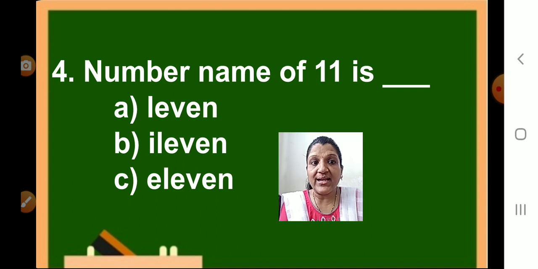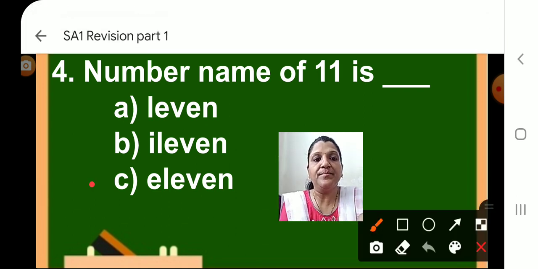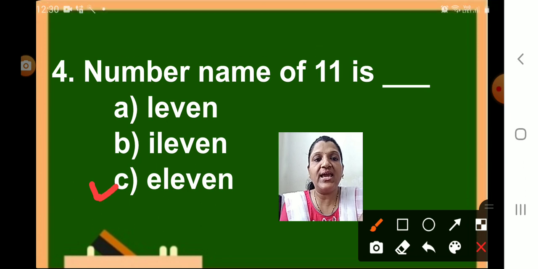So what is the correct number name for number 11? Which option is correct? Yes, the last option. Option C. Eleven. Correct, children? So let us stick on the correct option. C. Eleven. Now next question.